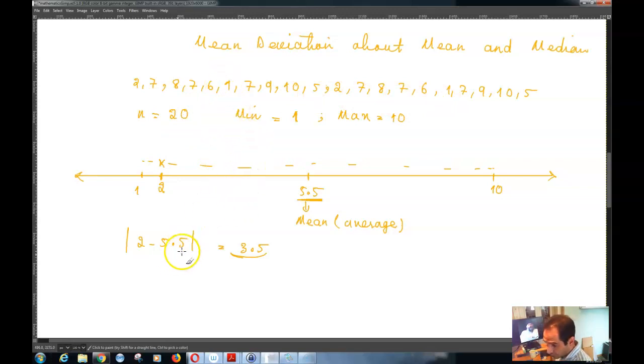Then I will get a bunch of numbers over here. For example, this would be 2.5 units away from the mean.